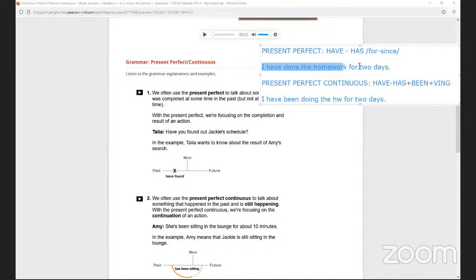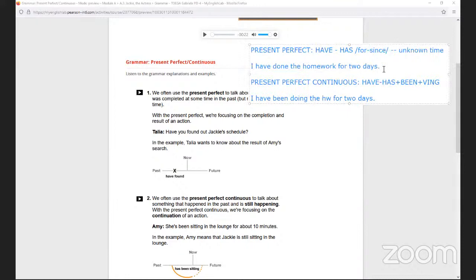Because in this sentence we could say, for example, I have done the homework for 2 days, but the difference with present perfect continuous is that in present perfect we don't know the exact time. If I say I have done the homework for 2 days, I don't know which days they were. For example, maybe last Monday and Tuesday, or maybe Saturday and Sunday. I don't know the specific time, okay?